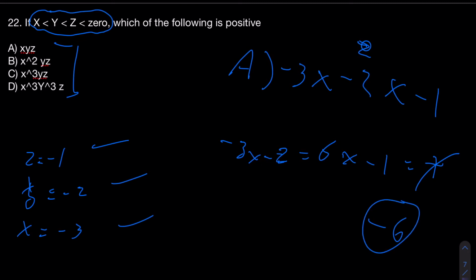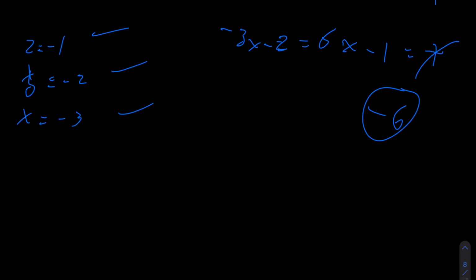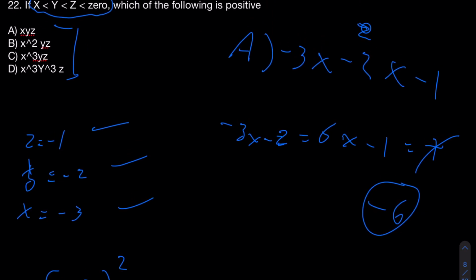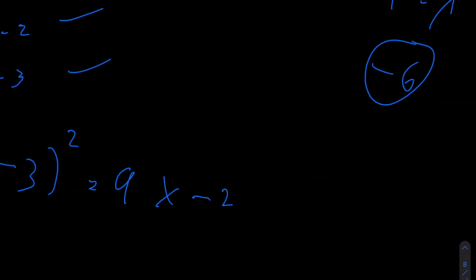All right, let's try B. It gives us x squared. So -3 squared, so -3 multiplied by -3, that is 9, right? And multiplied by y, which is -2, so then we have -18, okay?